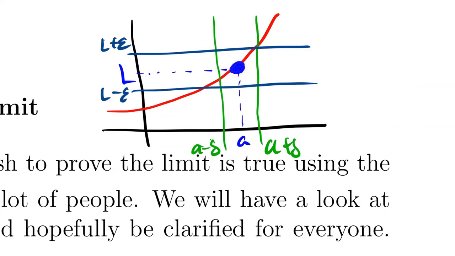So if we make delta arbitrarily small and epsilon arbitrarily small, we should get that the distance between the function, so the function is this line, and the limit should be less than epsilon. So that's the goal that we're trying to show here. So the majority of the time we want to find this region, work with this region here.